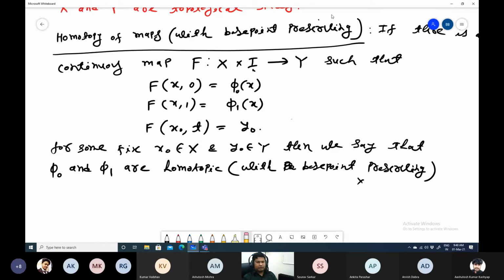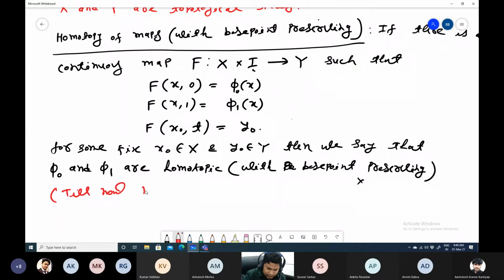This is just a function. We write base point preserving because we are choosing one base point in both topological spaces x and y. We will define loops at a later stage, and then those points will be the base point for those loops. Yes, sir. For an example here, there is no concept of loop.